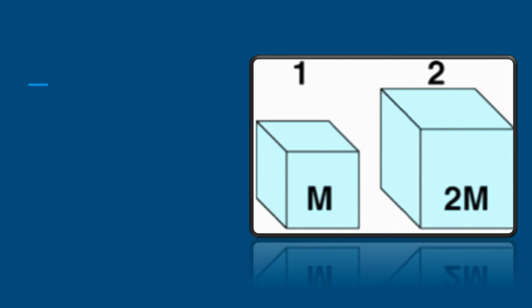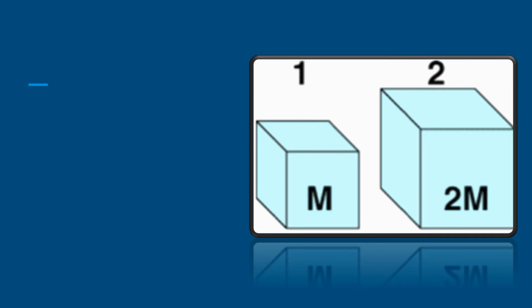Let us have a thought experiment. In this we have two objects, object 1 and object 2. The mass of 2 is greater than the mass of 1 by 2 times. That means the number of atoms in 2 is greater than the number of atoms in 1.